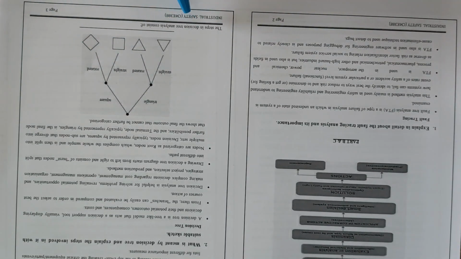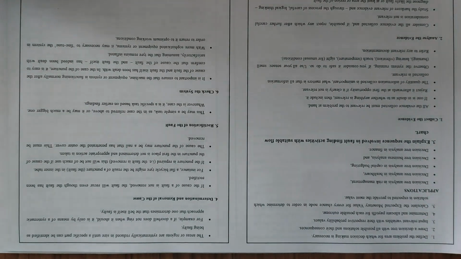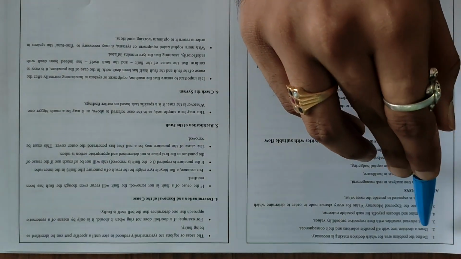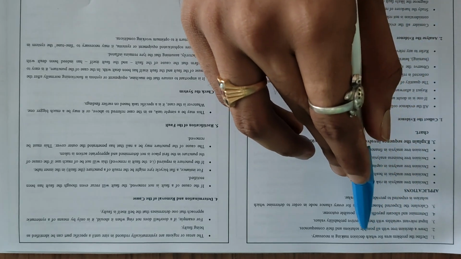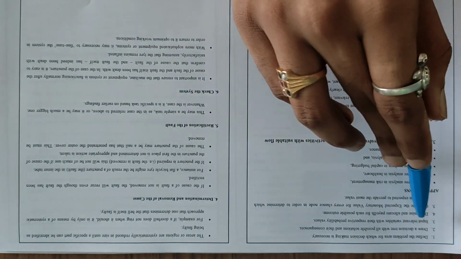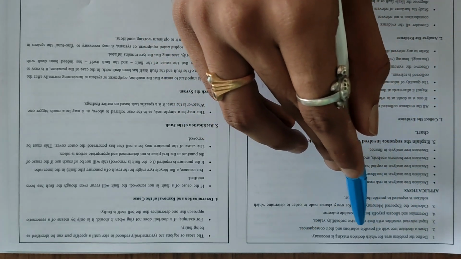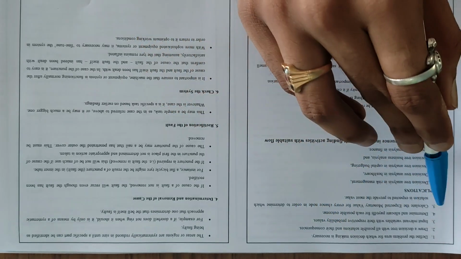The steps in decision tree analysis consist of: one, define the problem area for which decision making is necessary. Two, draw a decision tree with all possible solutions and their consequences.